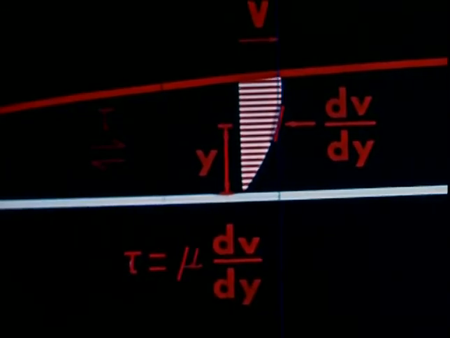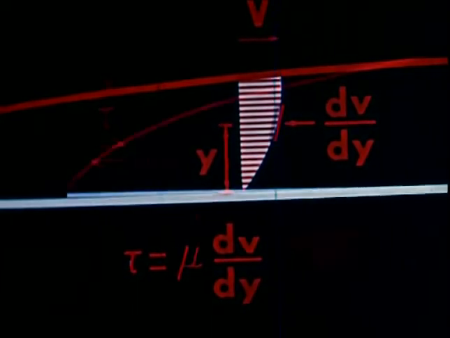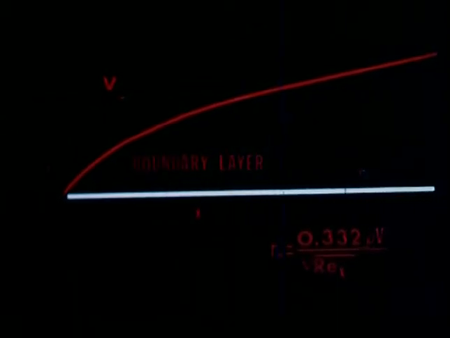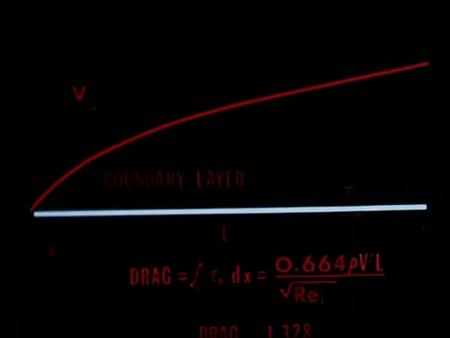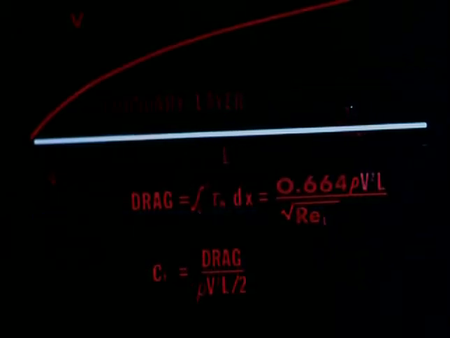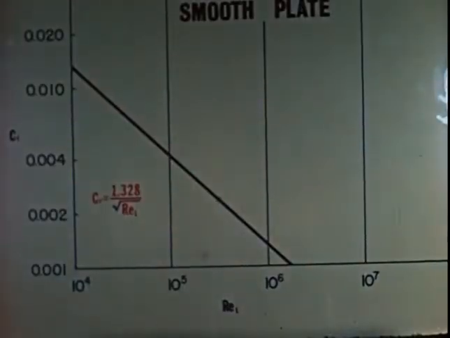Theoretical calculation of dV by dy at plate surface permits evaluation of the wall shear stress at each x distance, and drag is obtained by integration over the plate of length L. Drag is conveniently expressed in terms of a dimensionless skin friction coefficient, C sub F, and this coefficient is a function of Reynolds number only.